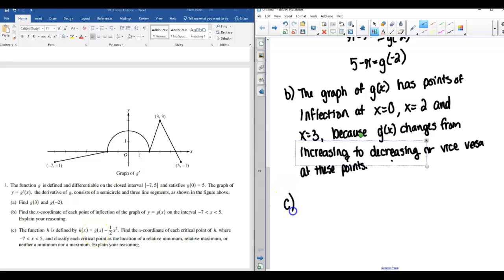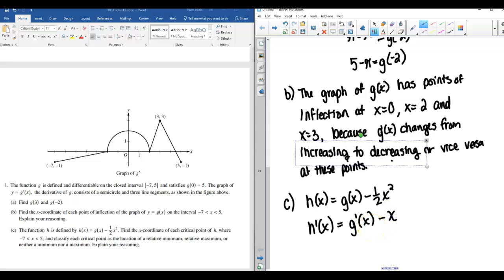So if we're looking for maximums, minimums, or neither, we take our function, h of x equals g of x minus 1/2 x squared, and we take the derivative. So h prime of x is going to equal g prime of x minus just the x here whenever we take that derivative.